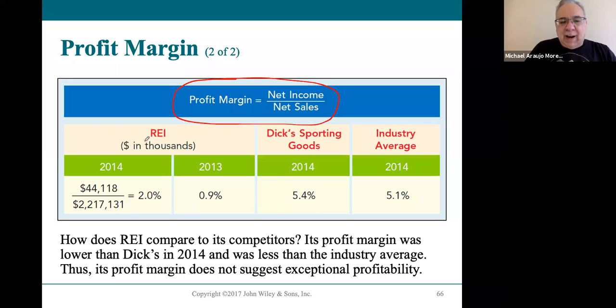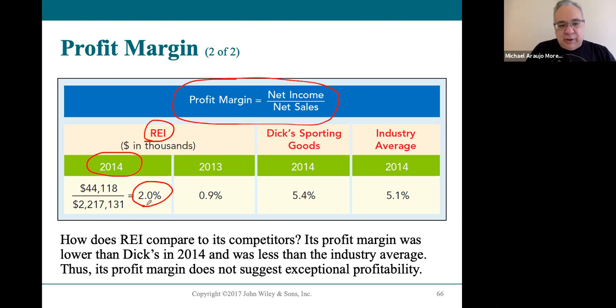So REI, if you look at their numbers for 2014, their net income was $44 million, but they started with over 2.2 billion in sales. So their net profit was 2%, right?